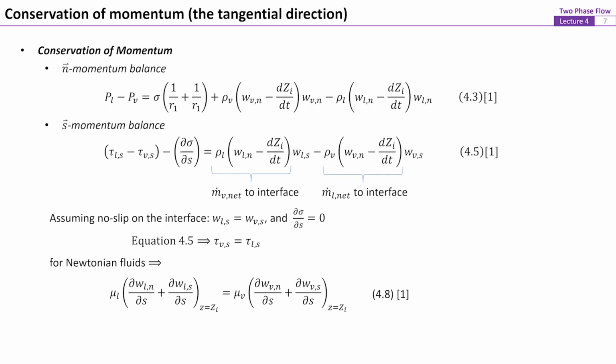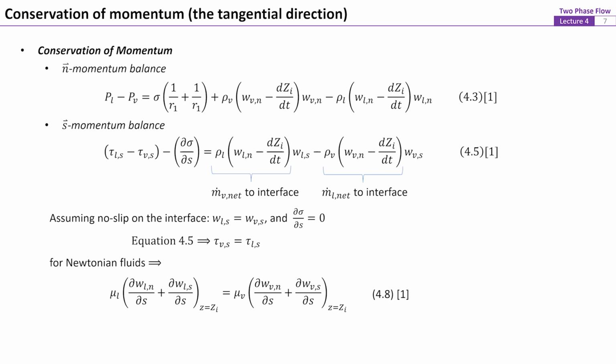Assuming that on the interface there is no slip between the liquid and the vapor phases, WLS equals WVS, and assuming that there is no variation of surface tension on the interface, partial sigma partial s equals 0, equation 5 will reduce to a simple balance of the shear stresses on the interface.